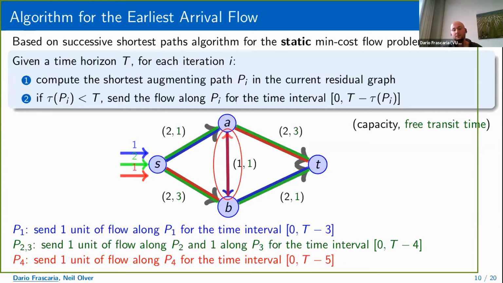Please notice here that we are not allowed to send flow in the reverse direction of the arc AB, or reverse time. So when sending flow along this arc, we have to make sure that there is some flow coming out in the opposite direction so that the two flows cancel out.